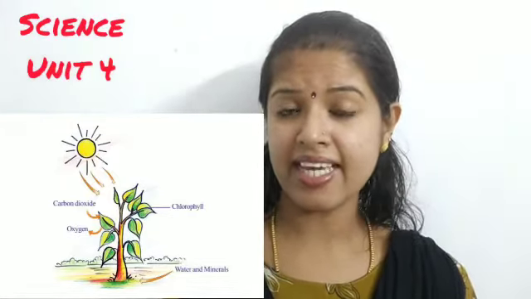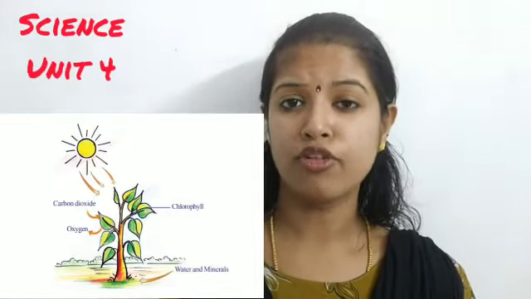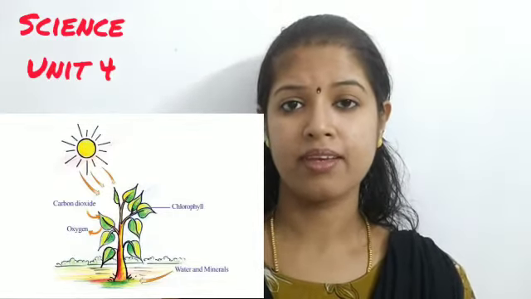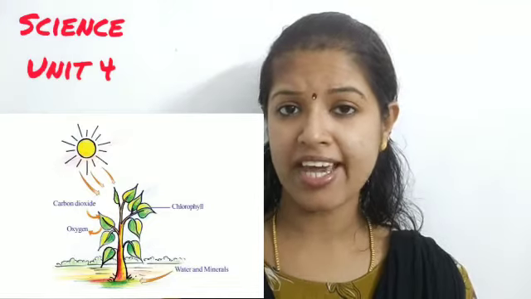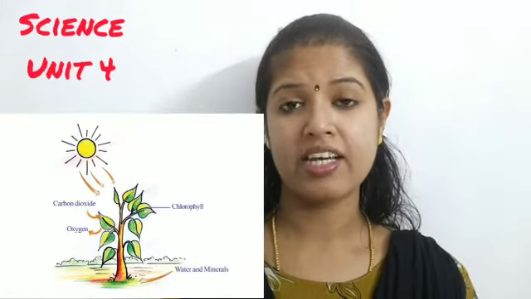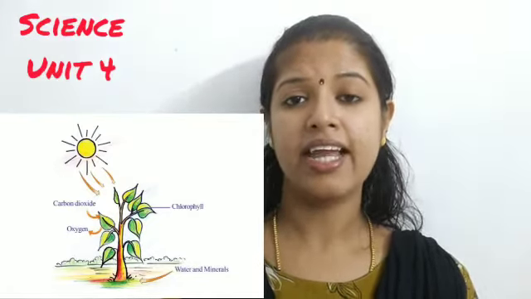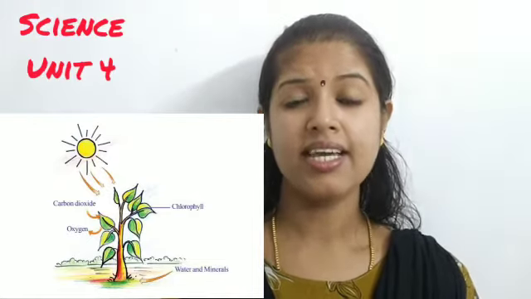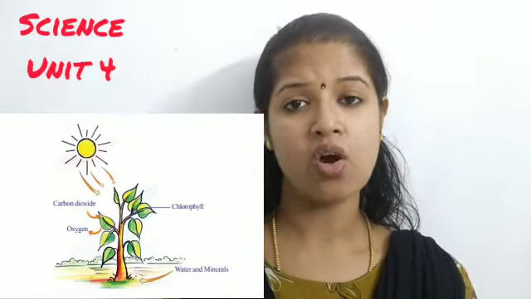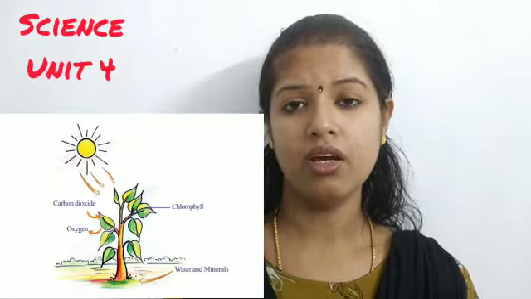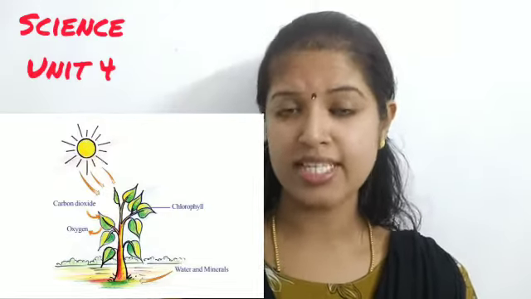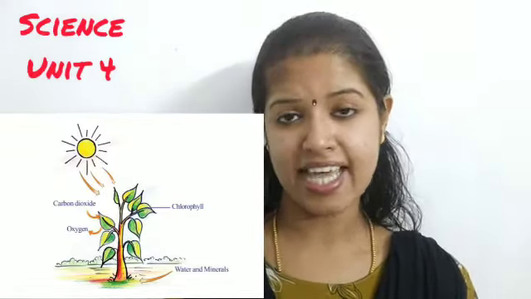These are the main things we require for photosynthesis. And what is the product we get? Yes, we get carbohydrates like glucose, and along with that we get oxygen also. So through the process of photosynthesis, plants can synthesize their own food.